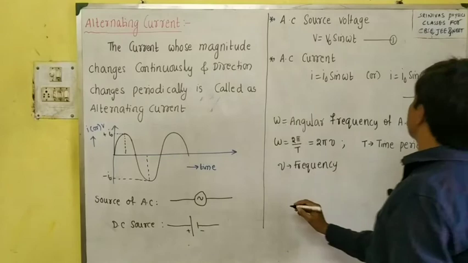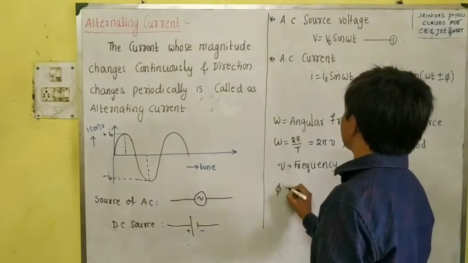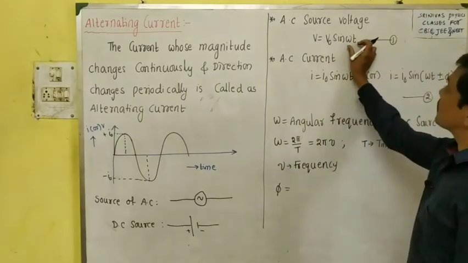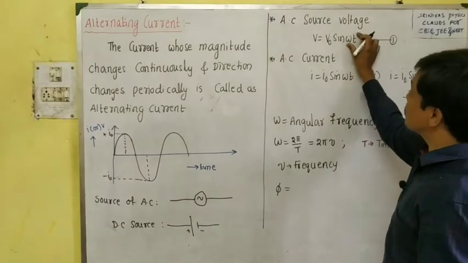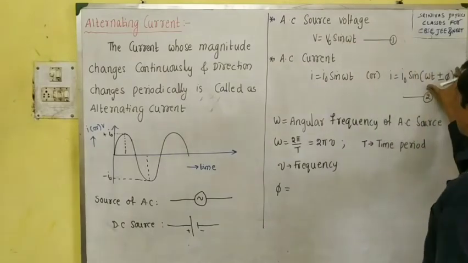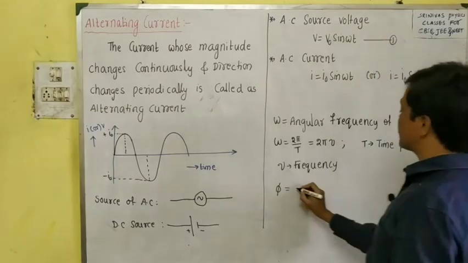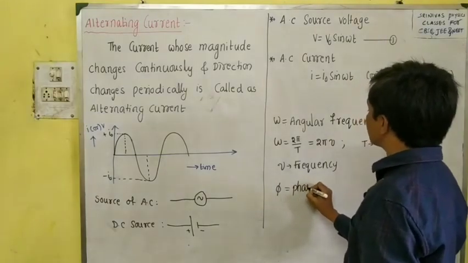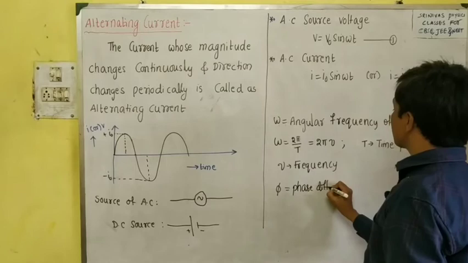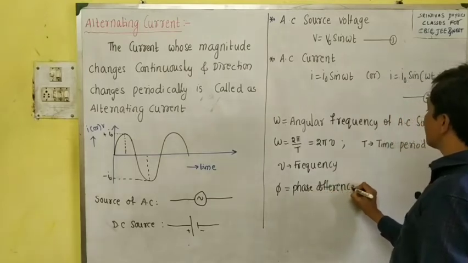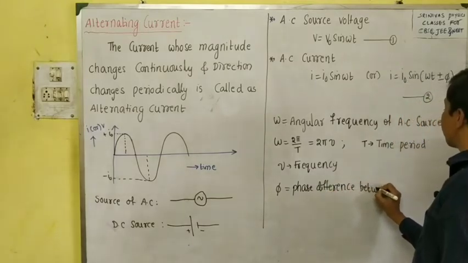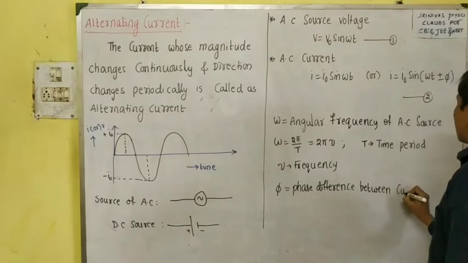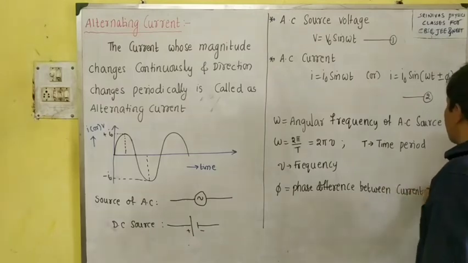What is phi here? Phi is the phase difference between the current and voltage. Voltage angle is omega t, current angle is omega t plus or minus phi. This angle difference is called the phase difference between current and voltage.